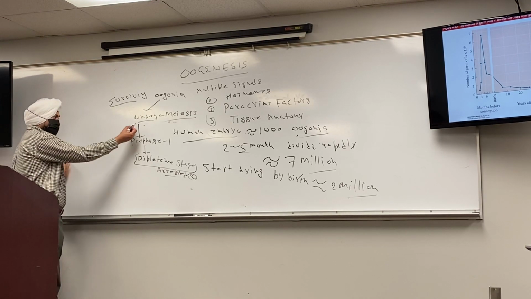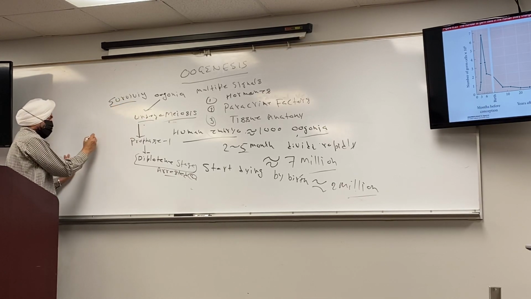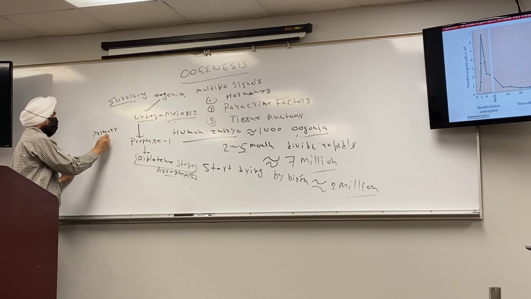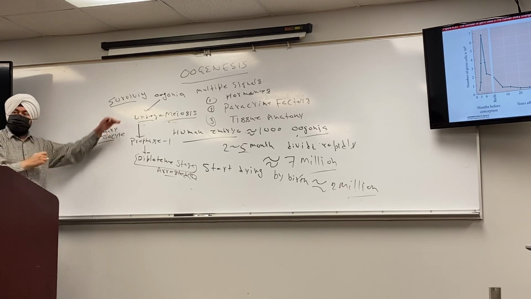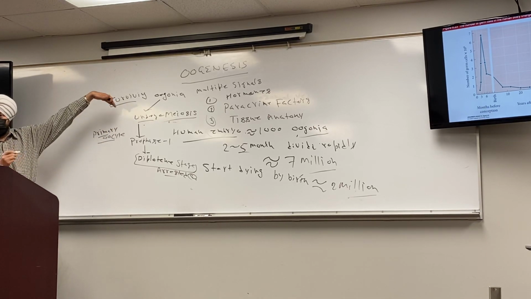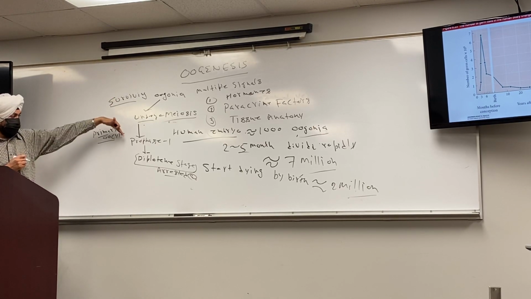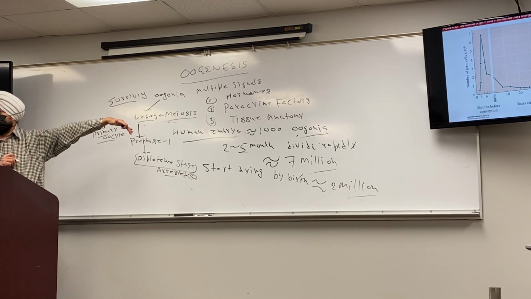So remember, when the meiosis starts, these are no more oogonia. You're going to call them primary oocyte. So oogonia start meiosis, they are now called primary oocyte, right? So primary oocytes start meiosis, they reach up to the diplotene stage, and they are arrested there, right?